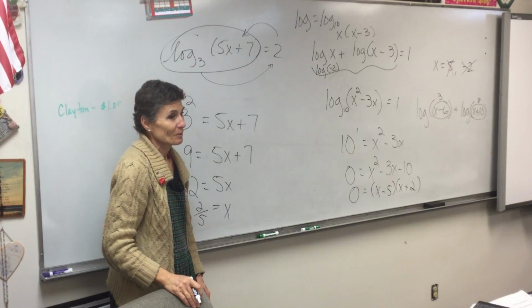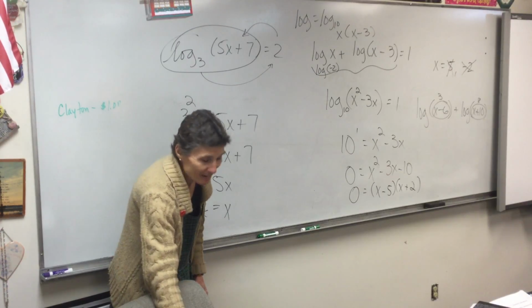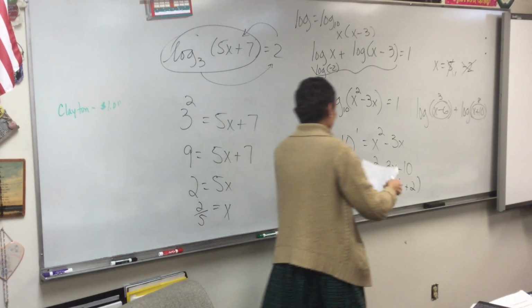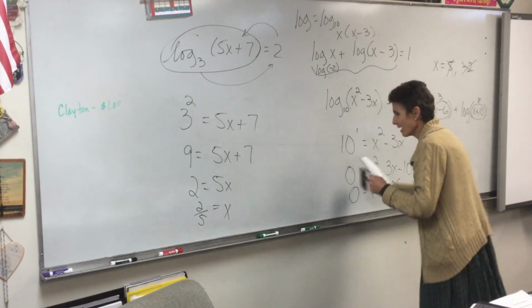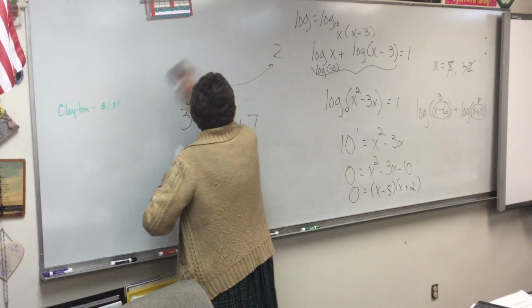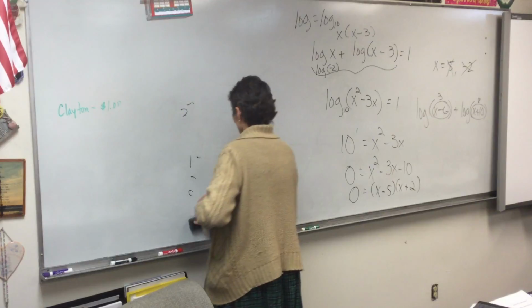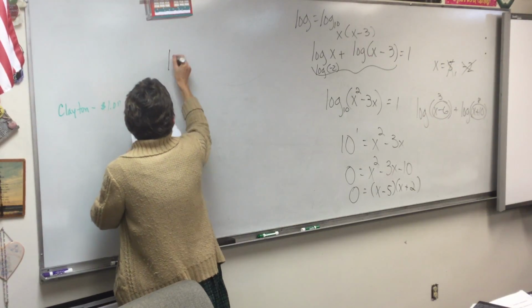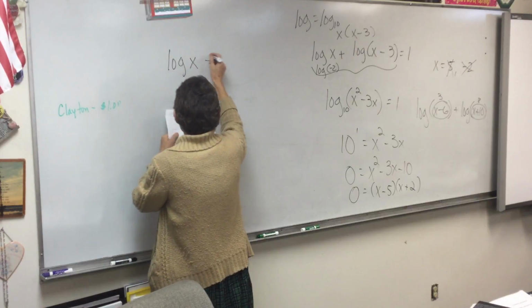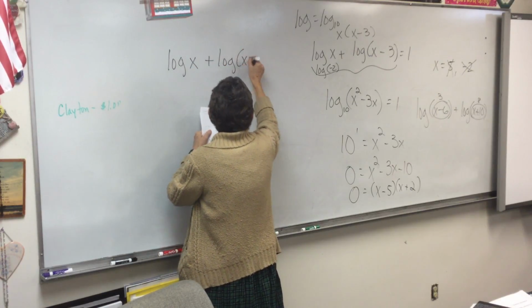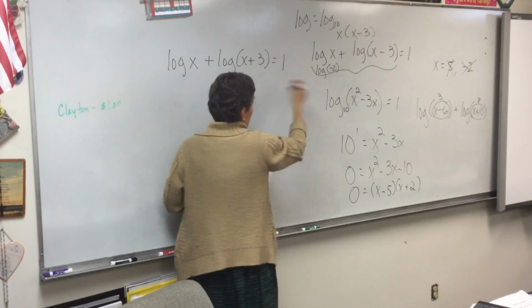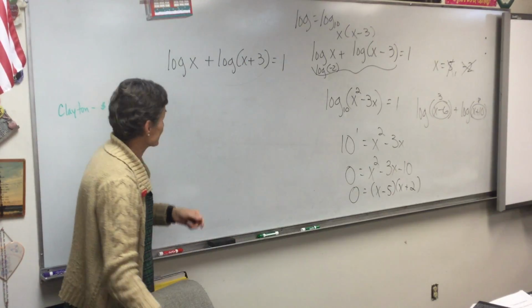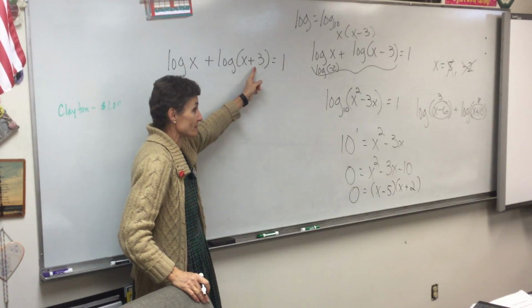Okay? We're gonna do one more. Marley, we're gonna do your problem now. Alright, so here is Marley's problem. She was doing 5C. Which is basically the same problem, except as Marley pointed out, that's a plus.